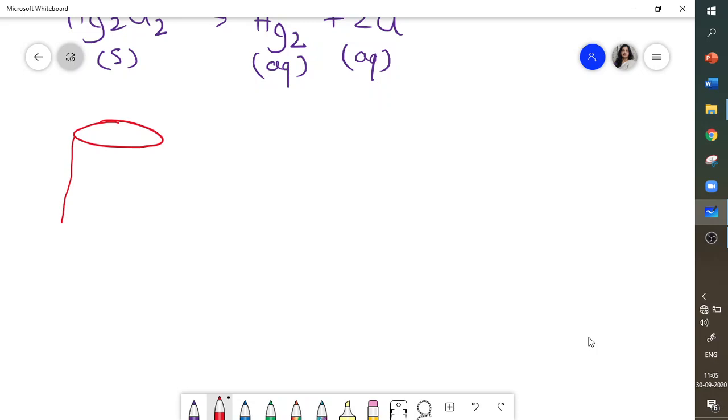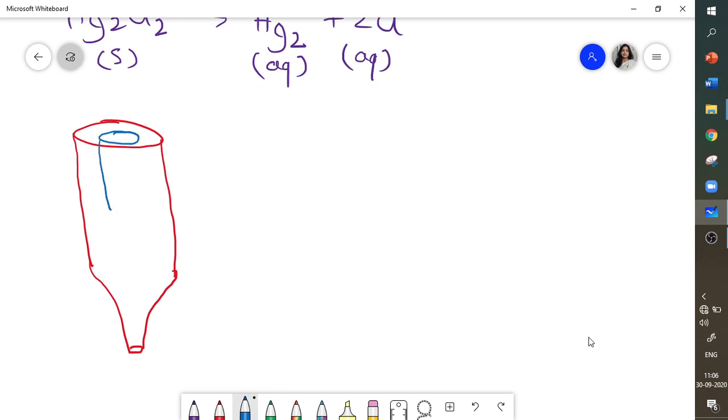This is a cylindrical tube, and inside it there is another concentric tube. You don't have to see the design and all that, just the basic functions. This tube is closed.